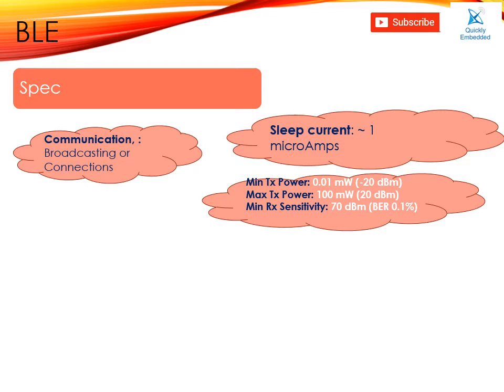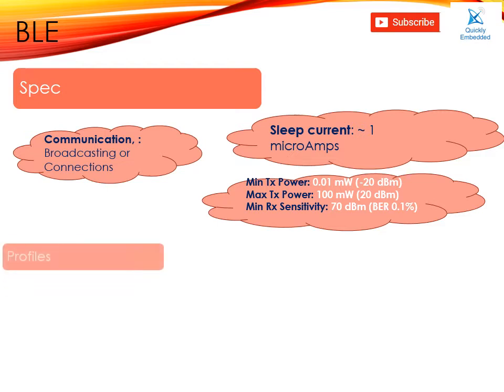The bit error rate, BER, is the number of bit errors per unit time. The bit error ratio, also BER, is the number of bit errors divided by the total number of transmitted bits during a steady time interval. So BER is nothing but the number of bit errors divided by the total number of transmitted bits.